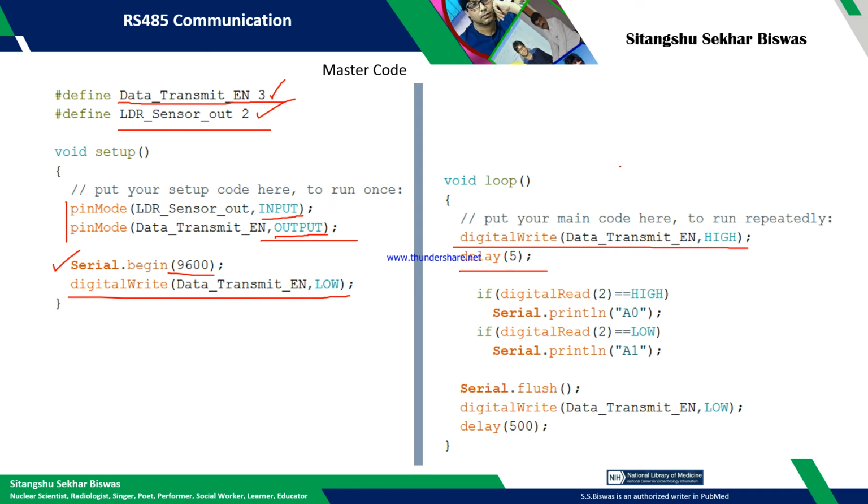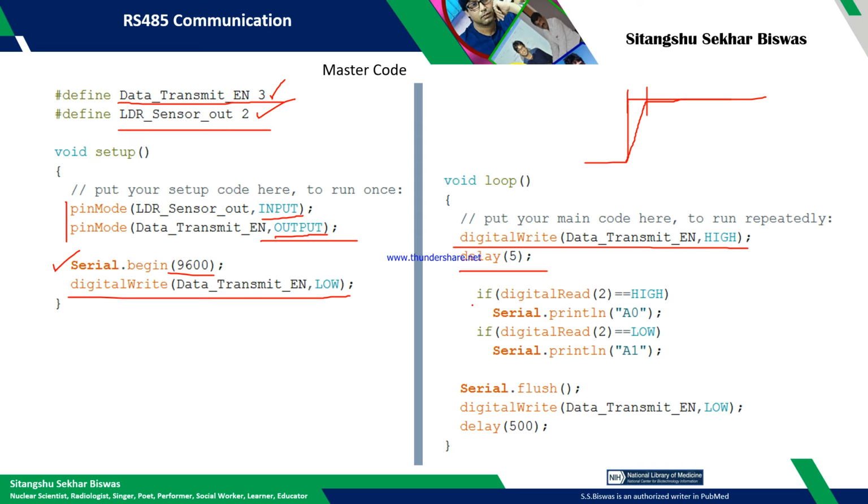Because during the transition, ideally we think the change from low to high happens instantly, but actually it is not like that. It will slightly delay. So to avoid this effect, I am giving a delay of 5 milliseconds, so that now the pin is completely high. So once the pin is high, my RS-485, that MAX485 device, is ready to transmit the data.